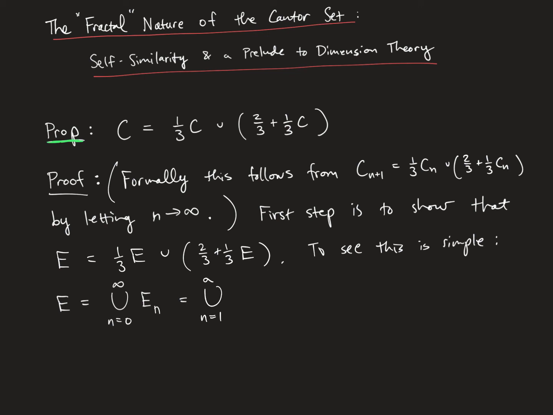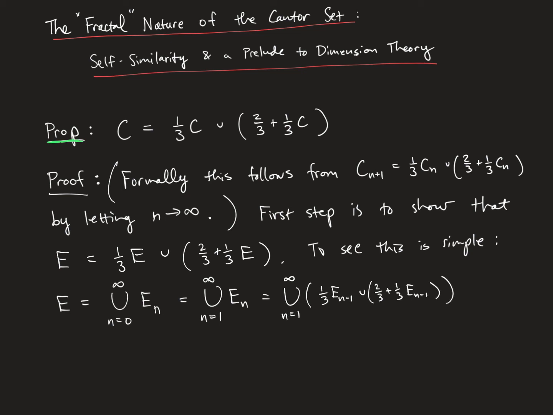This is the union from n equals 1 to infinity of E_n. And each E_n here is defined in terms of the one before it. That's why we had to kick out E_0, because E_0 is not defined in terms of the one before it. So this is the union from n equals 1 to infinity of 1/3 E_{n-1} union 2/3 plus 1/3 E_{n-1}.